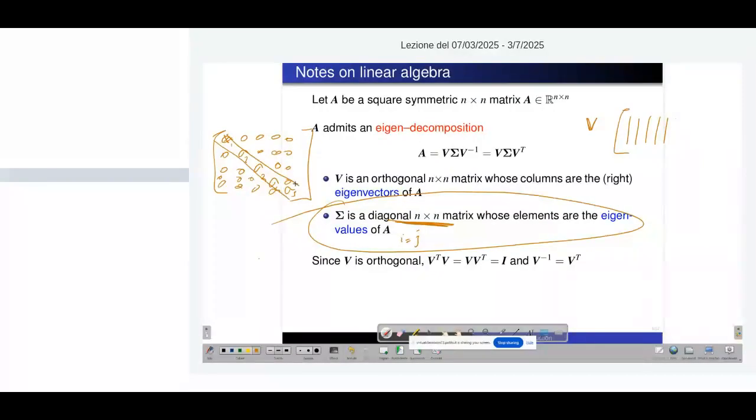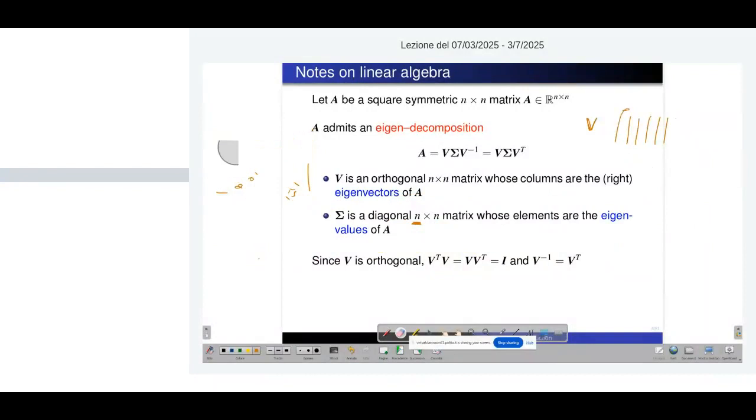And what are the values of sigma? They are the eigenvalues of A. So I have a matrix where each column of V is an eigenvector of A, and each element of sigma is an eigenvalue of A.